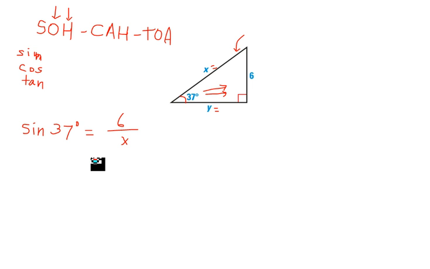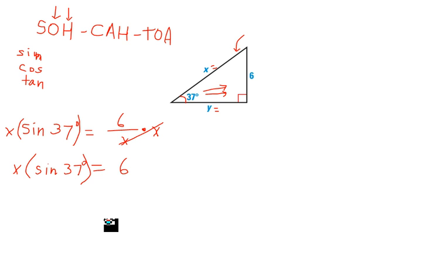We've got to do a little bit of manipulation first. Okay, let's do this. We're going to multiply both sides by x. When we multiply both sides by x, it will cancel the x's on this side, and we'll end up with x times the sine of 37 degrees equals 6.